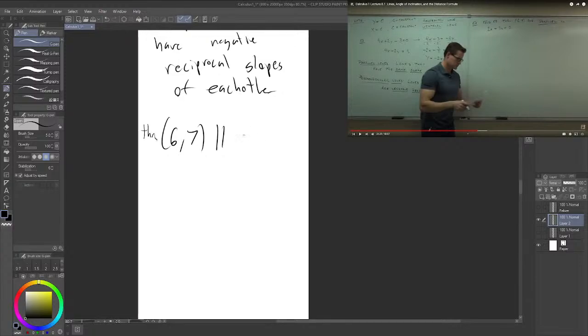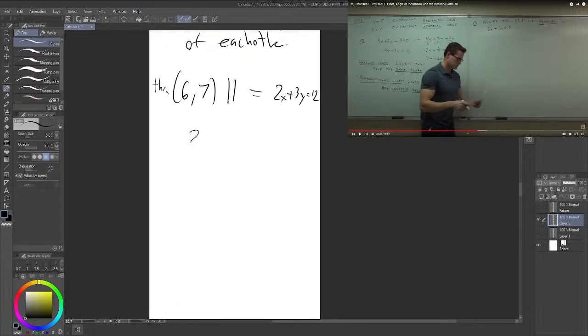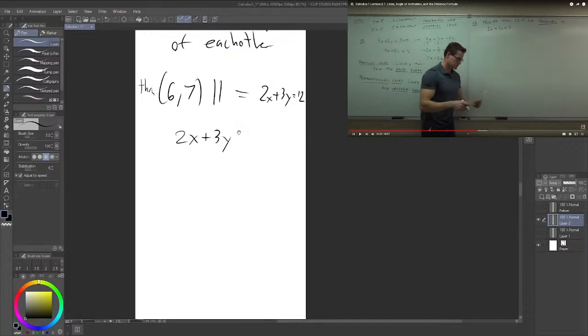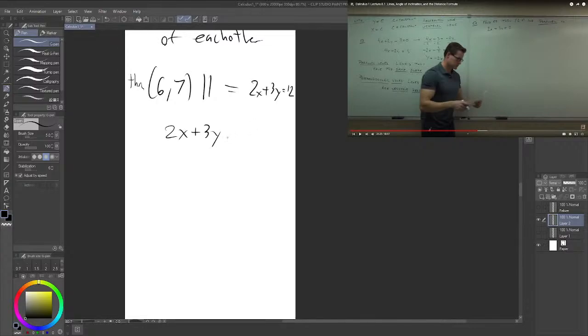Okay. So I think this is basically that one problem I was talking about. If it's parallel, that means you can find the slope of this equation. It'll be the same as the equation of this point.